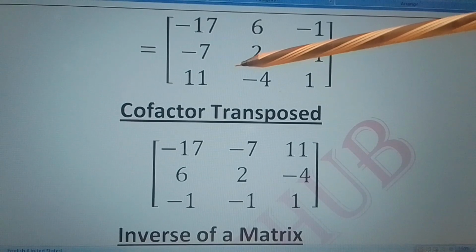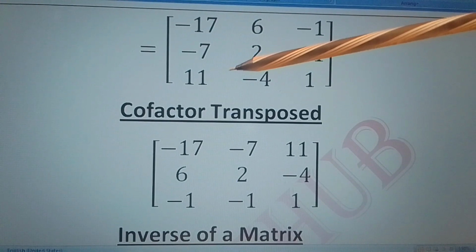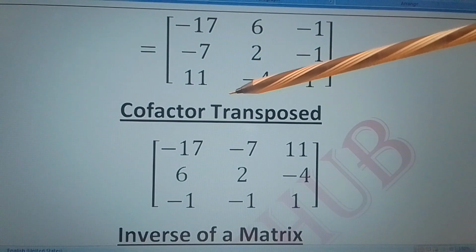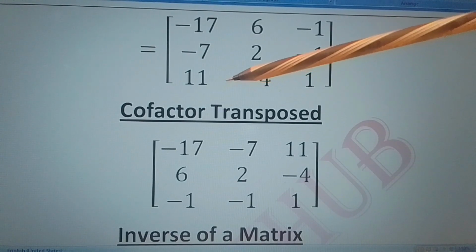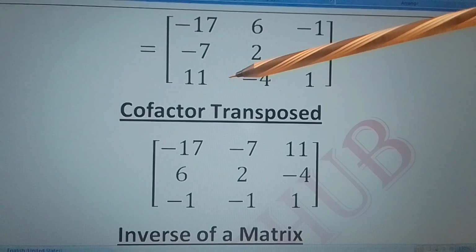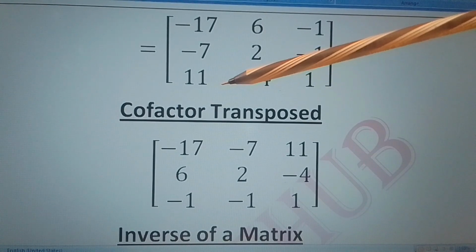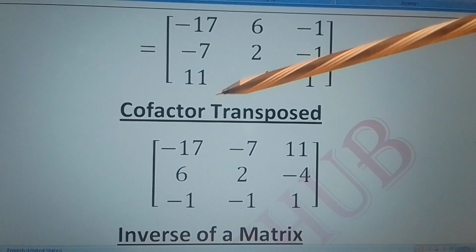Now, after finding the cofactors of the matrix, we need to find the cofactor transpose, or the transpose of the cofactor. Transposing simply means changing the rows to columns and the columns to rows.